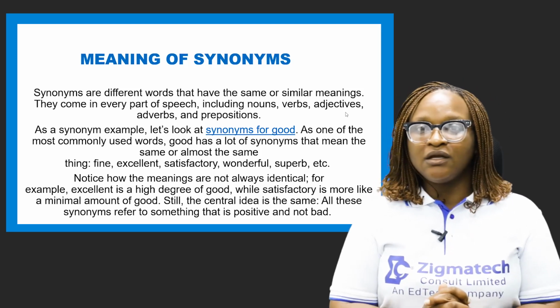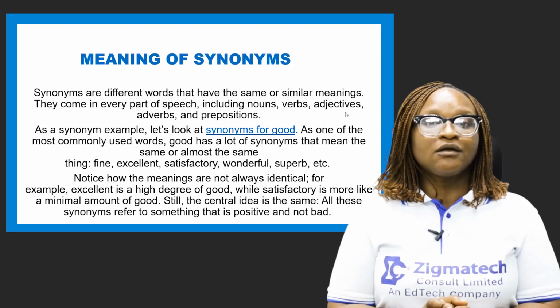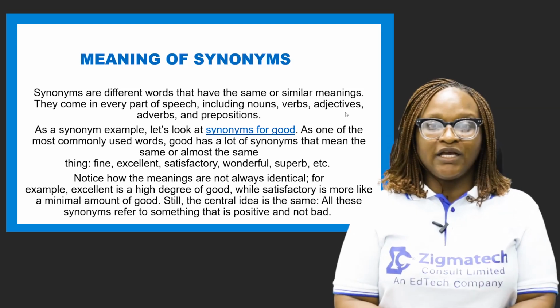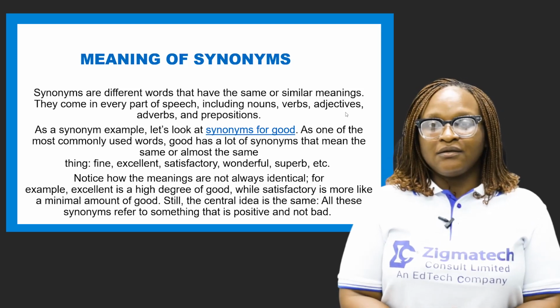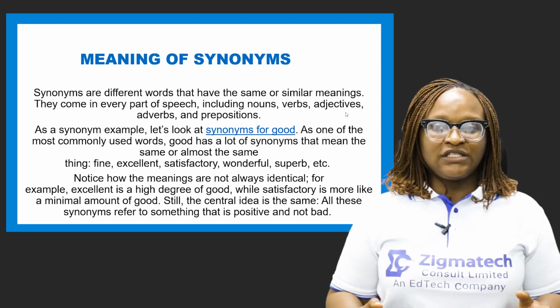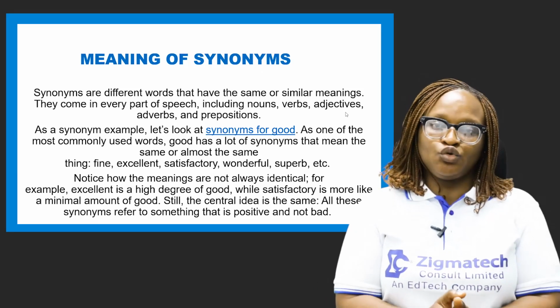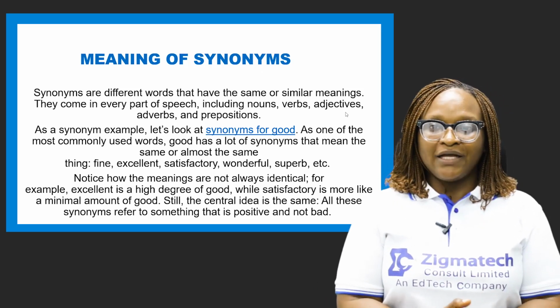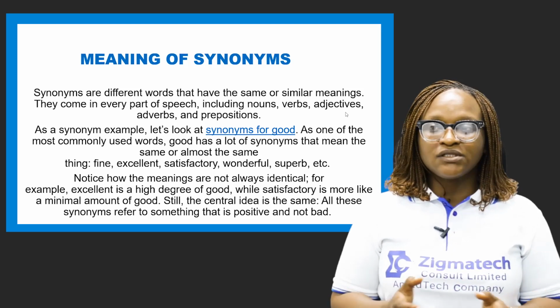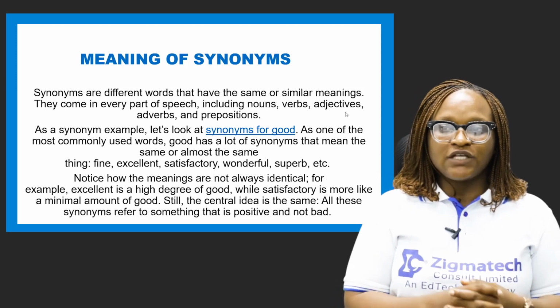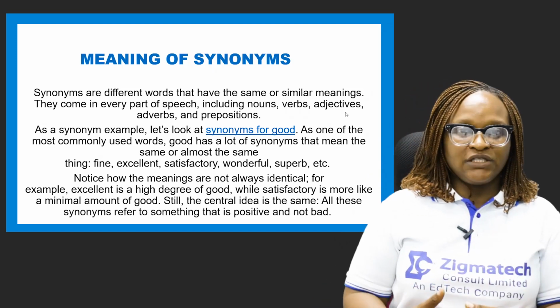If something is ugly, it's not good looking. That's just what we're saying. When you say that something is bad, it's spoiled, these are words that are synonymous to one another. They come in every part of speech, including nouns, verbs, adjectives, adverbs, and prepositions.